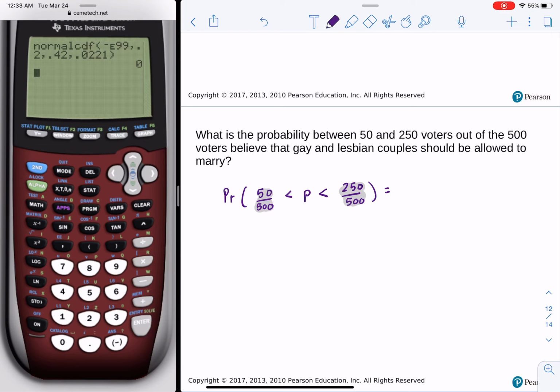Keep in mind, this goes back to the concept of x over n. The x value here is the number of voters who believe that gay and lesbian couples should be allowed to marry. So 50 out of 500 is 0.1 and 250 out of 500 is 0.5.